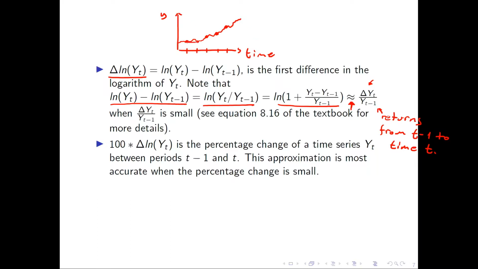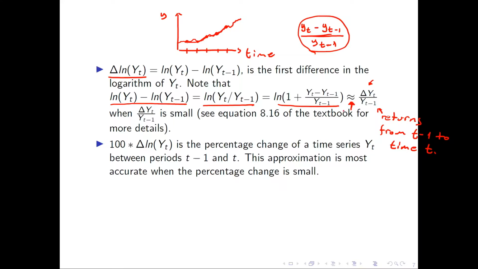large swings here from one period to the next, then you should transform your data by using the ordinary yt minus yt minus 1 divided by yt minus 1, like the ordinary arithmetic return. But in our case, we use the logarithmic transform and the approximation.